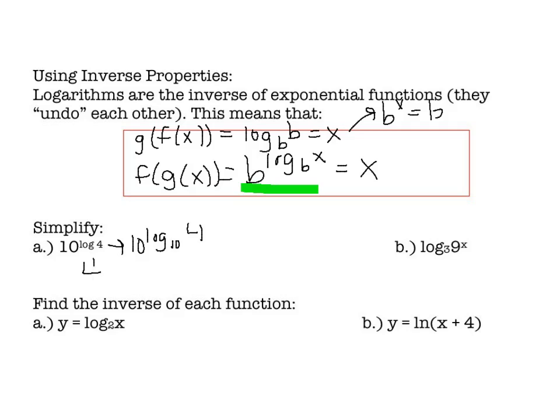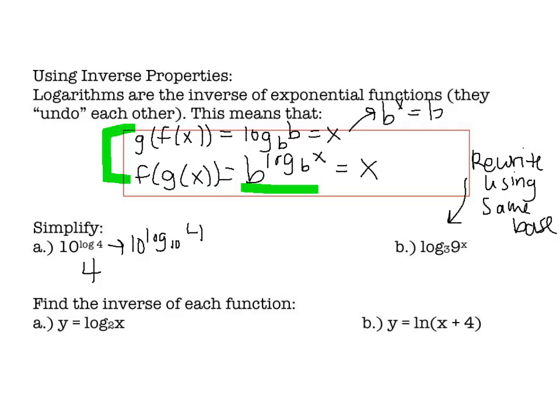Sometimes you're going to have to do a little bit more work, and this should kind of be a throwback to Algebra 1, where we can rewrite to use the same base. And in this case, I can rewrite both of these as a power of 3. So if I want to use these inverse properties, I need something that looks like one of these, and I don't have that yet.